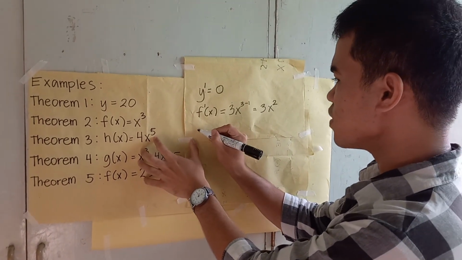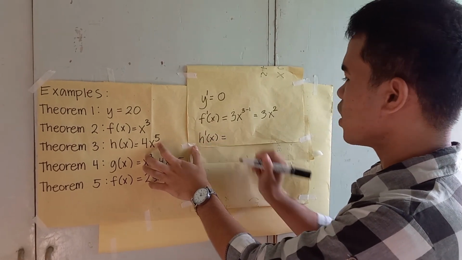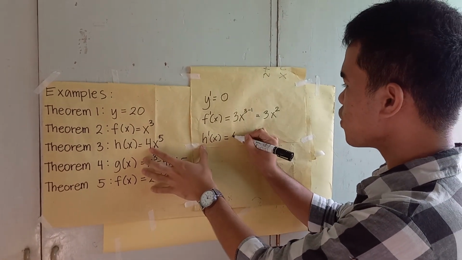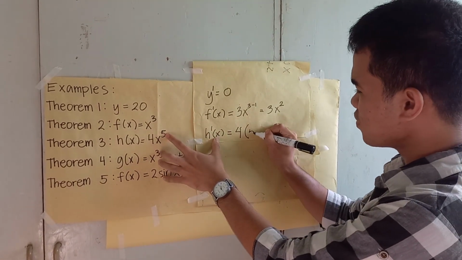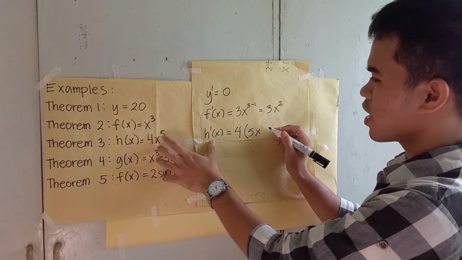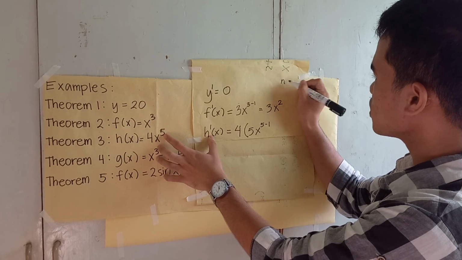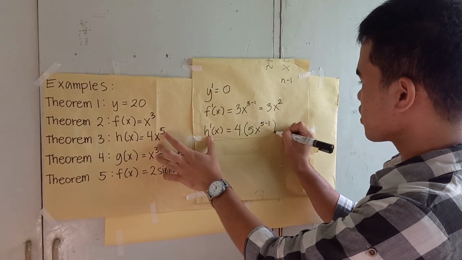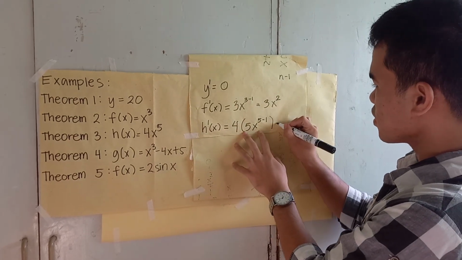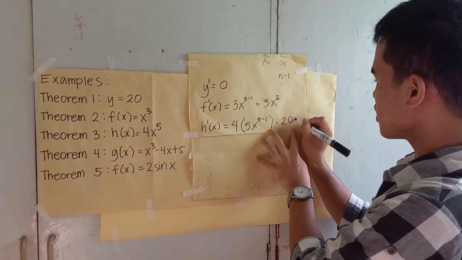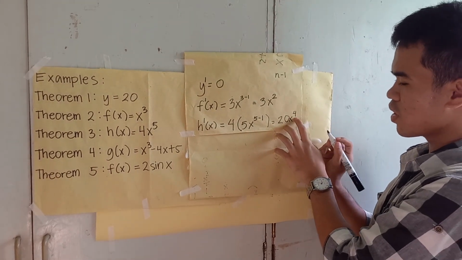So the derivative h prime of x equals, copy the 4, then bring down the 5 x, copy the 5 minus 1, since we use n minus 1, then we multiply 4 times 5 equals 20, then 5 minus 1 equals 4, so 20x raised to the power of 4.